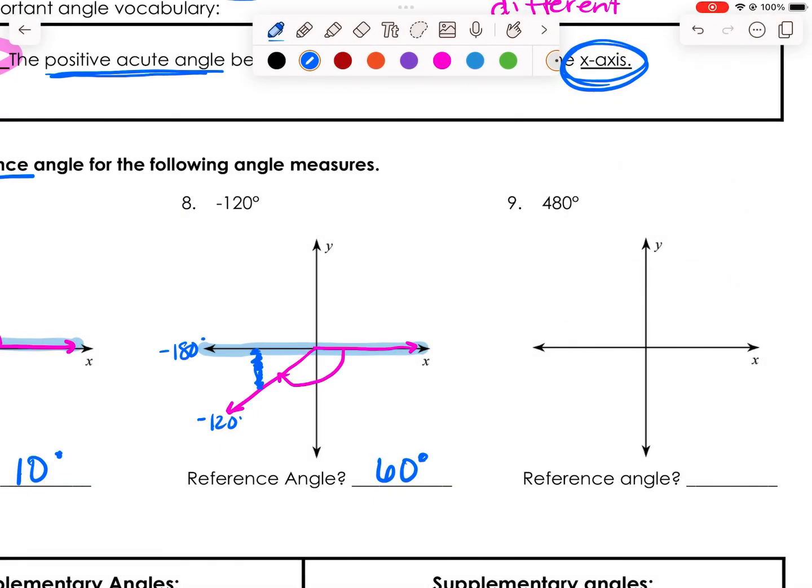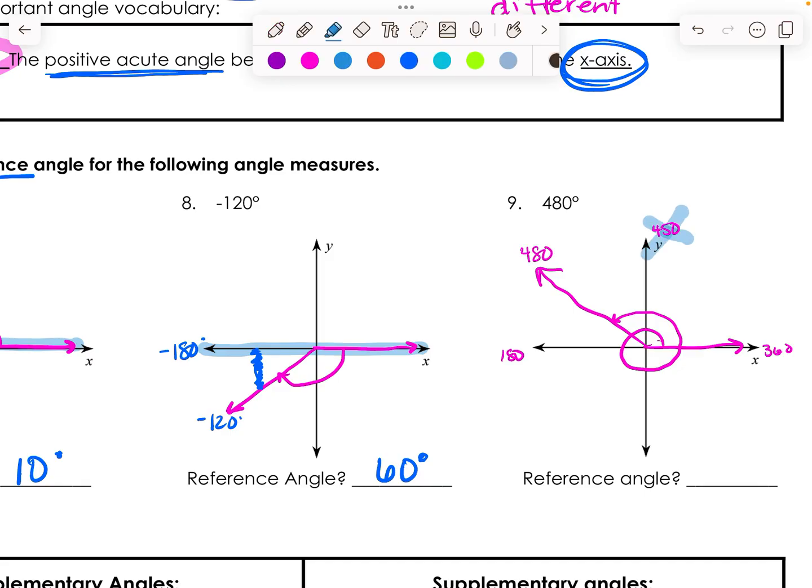And then, again, 480, go ahead and draw it if you have it. 360, 450, 480. If it helps, you're like 180, 360, 450. Yes, this is 480. I do not want to go to the y-axis.